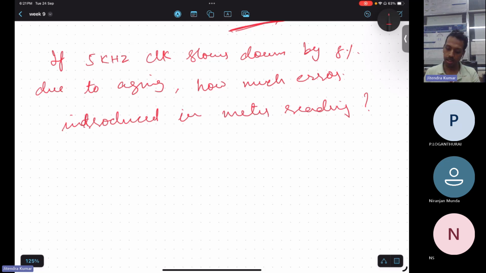We have to identify how much error will be in the meter reading if the clock speed is reduced by 8%. Any idea? Did you get the question first?